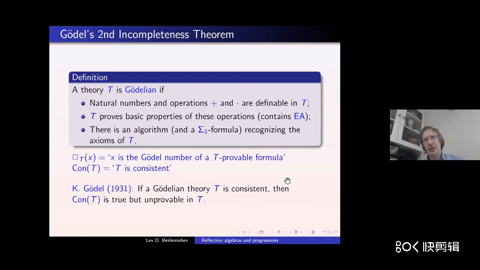So your theory has to have a definable set of axioms, and here we of course assume that the formulas of the language of T itself, we think of them as strings of symbols.